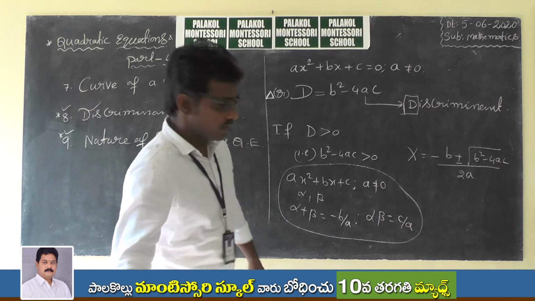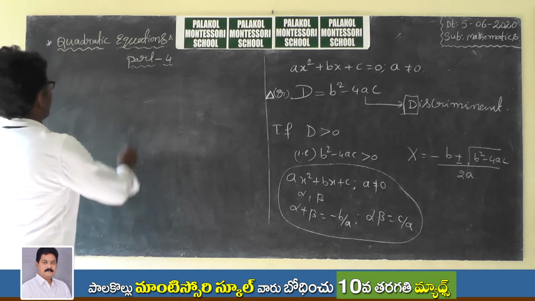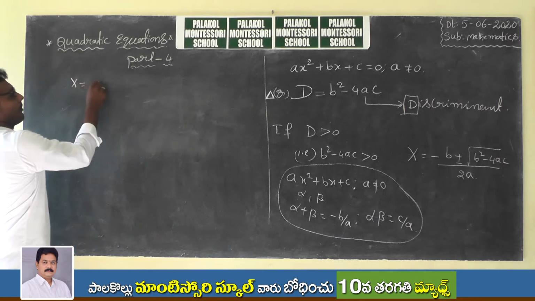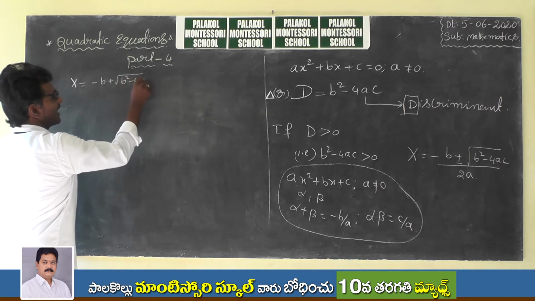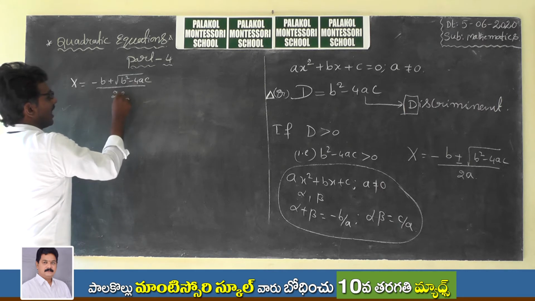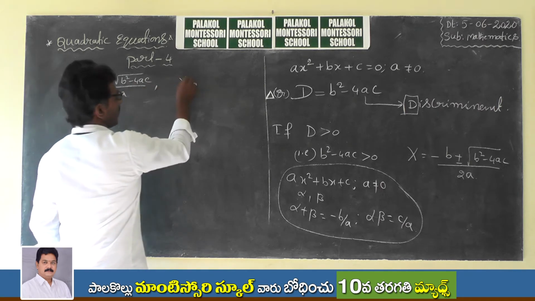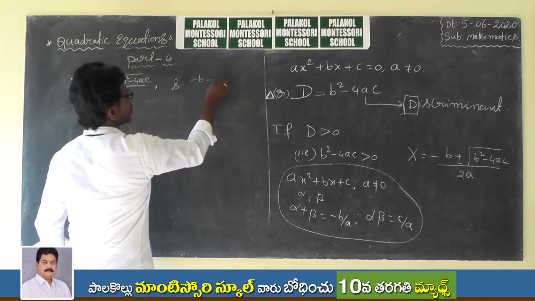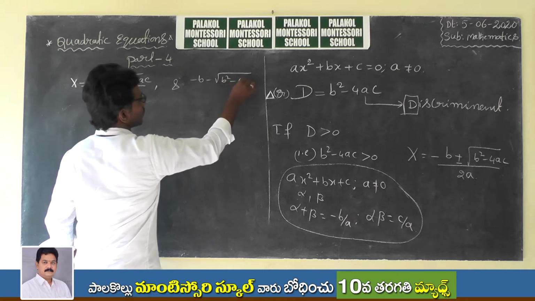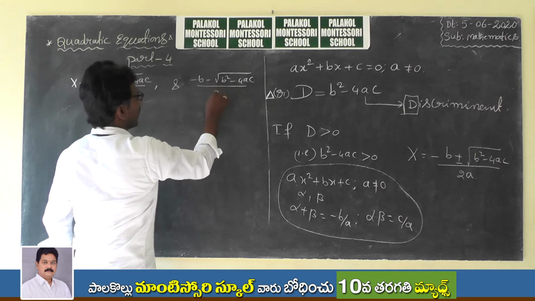Suppose the 2 roots are x is equal to minus b plus root of b square minus 4ac by 2a, and another one, minus b minus root of b square minus 4ac by 2a.